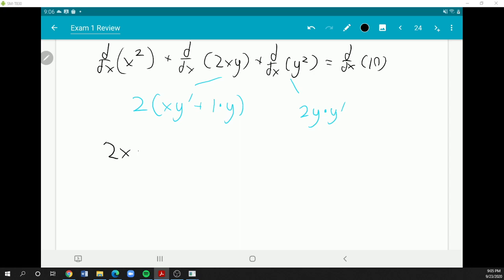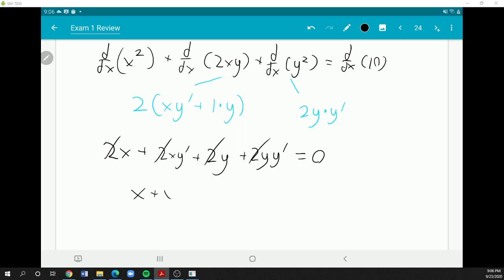So I have 2x plus 2x y prime plus 2y plus 2y y prime is all equal to 0. So very, very serendipitously, I have all these 2's that cancel out.